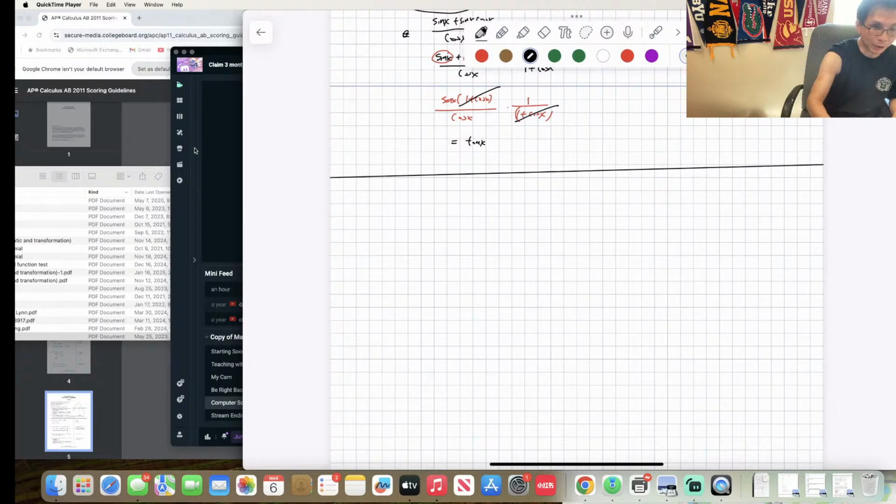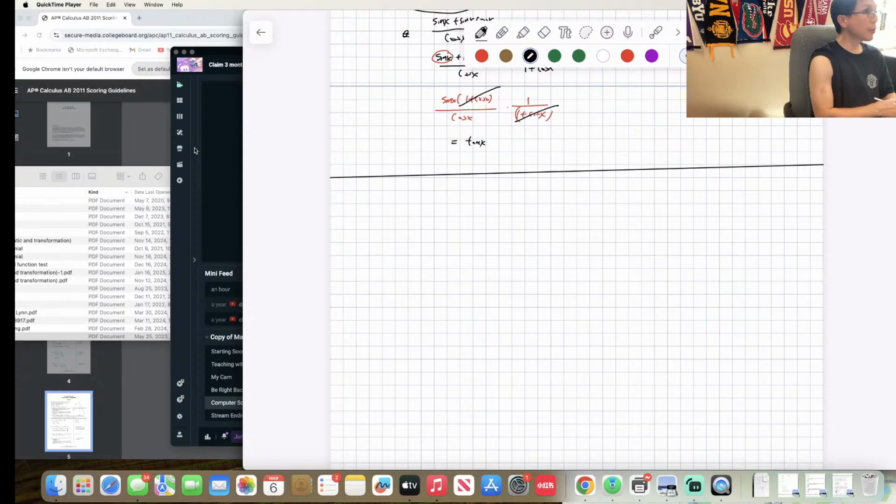Let's talk about two different types of coordinates. It's not bad. You have to understand there are two types of coordinates. One is called Cartesian.